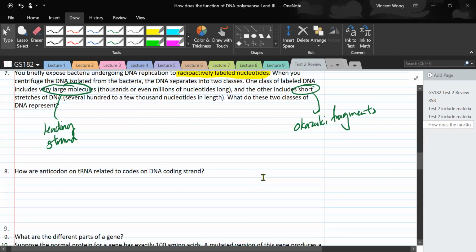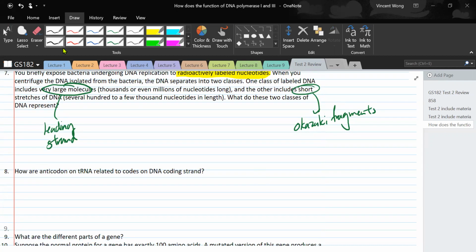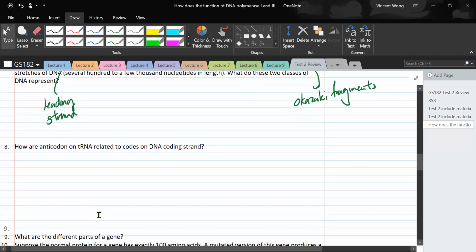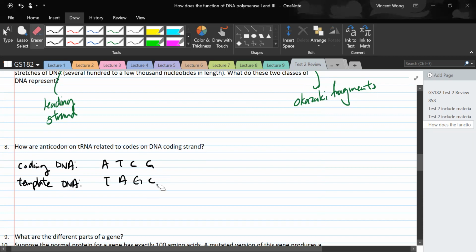How are anti-codons on tRNA related to the codes on DNA coding strand? Okay, so I'm just going to summarize this for you again. If you have the coding DNA, it's like ATCG, for example, then the template DNA is going to be TAGC, right? They're complementary, right?